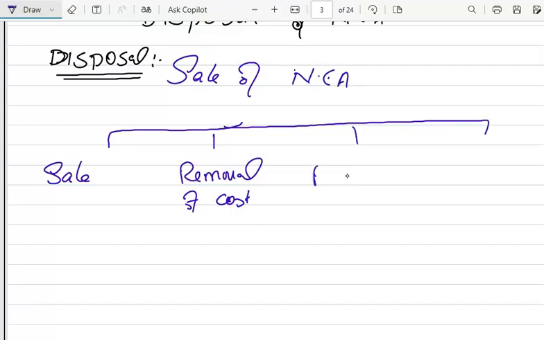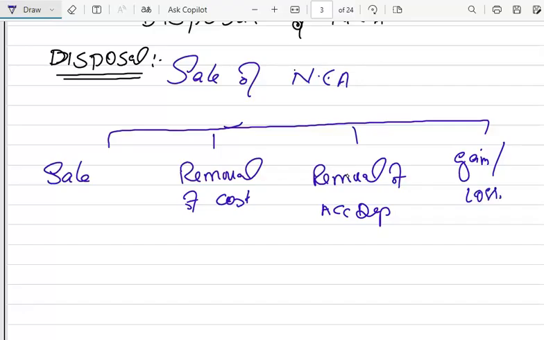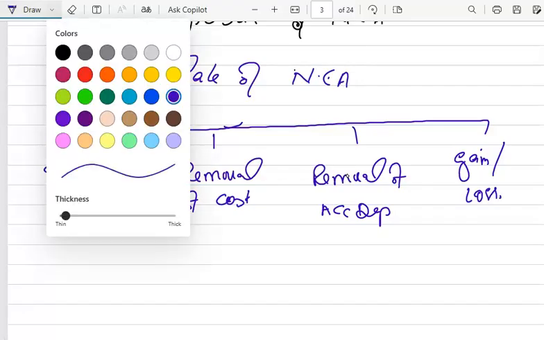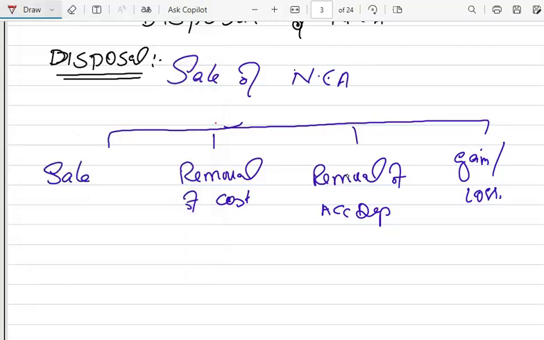Number 3, it will be removal of accumulated depreciation. Number 4, it will be gain or loss. Okay, so I will need these 4 main points for identification of the non-current assets.